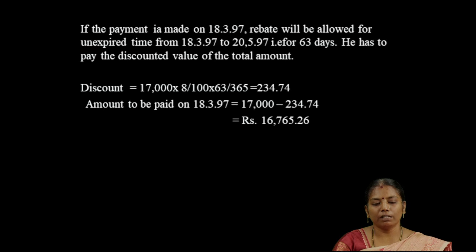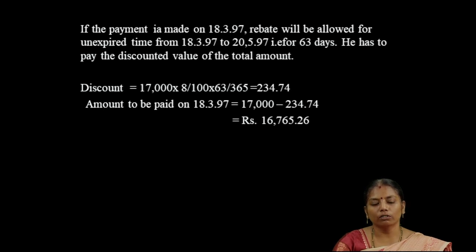If the payment is made on 18/3/97, rebate will be allowed for the unexpired time from 18/3/97 to 25/5/97, that is for 63 days. He has to pay the discounted value of the total amount.